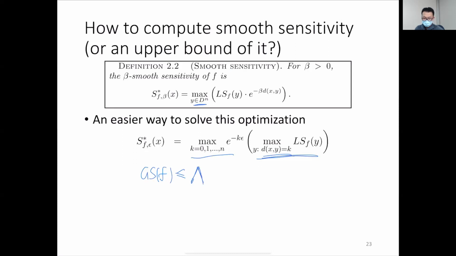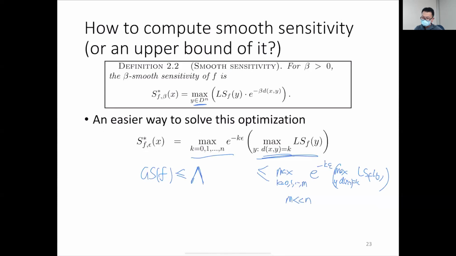As you move away from your data points, and as k gets larger, then you can upper bound this by the max over k from 0, 1 to some realistic number that we want to calculate, say m, where m is much smaller than n. Then I can get e to the power of minus k epsilon, and max over y with d(x, y) equal to k of LS_f(y).